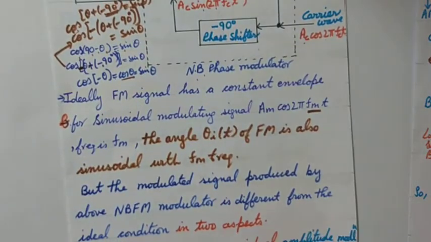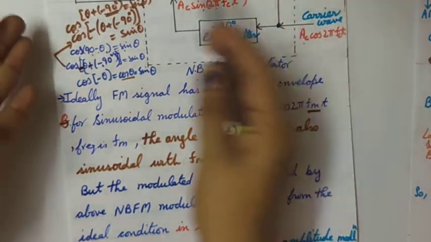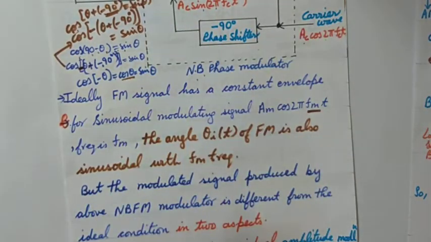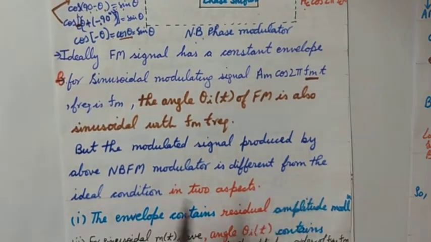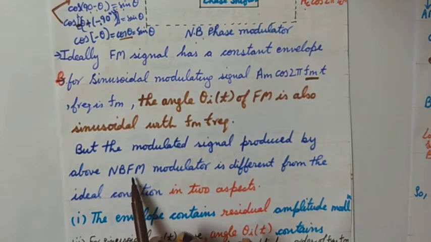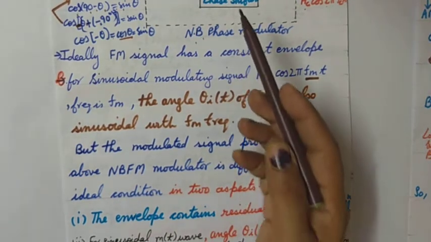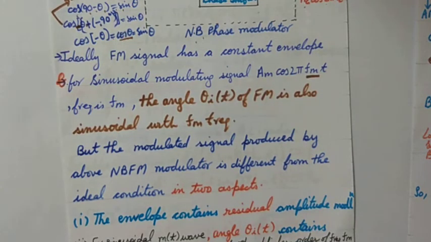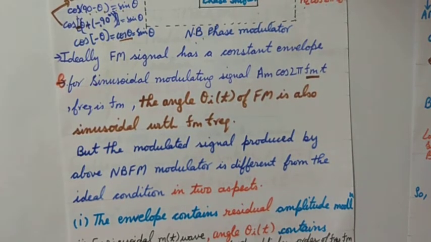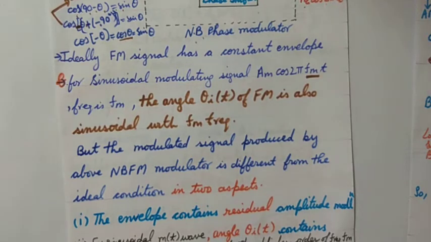So we say that this is the equation of the FM signal, and we obtained this narrowband FM by making approximation in that particular equation of FM signal. So we say that the NBFM signal which we have obtained from the modulator above, from the block diagram, differs from the ideal case in two ways.